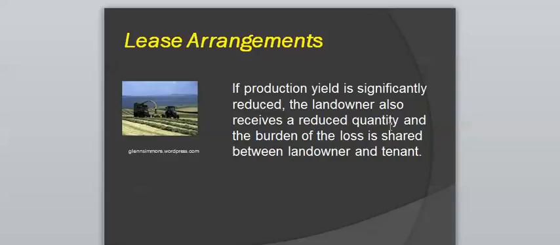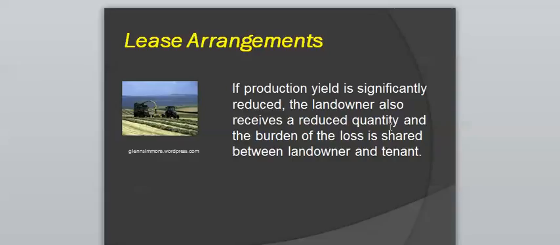In years where crop prices are good and yields are good, the landlord actually gets a larger lease. In years when the yields are poor or prices are poor, the landlord shares in the misfortune.